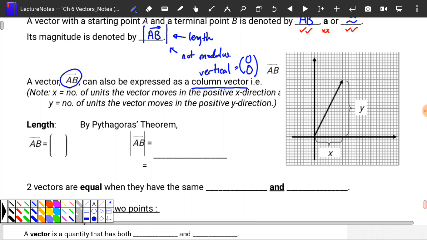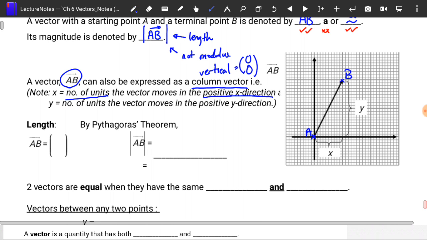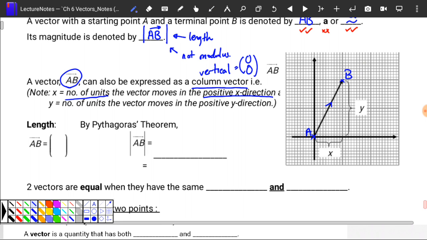The top number x is the number of units moved in the positive x direction. Now I want you to write down on the diagram A as the starting point, B as the ending point. So I draw an arrow and write AB. This is how I denote the vector.